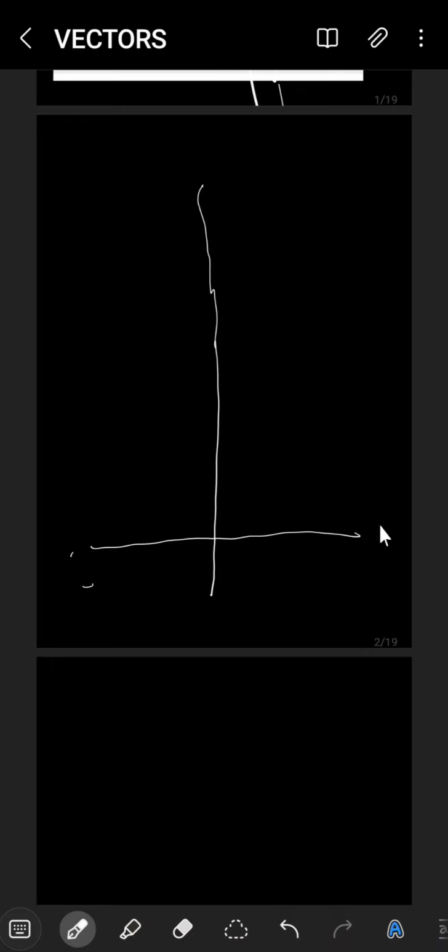This is your negative x, positive x. This is your x-axis. This is your y-axis. This is positive, this is negative. So the first data is the plane travels 30 degrees, 175 kilometers.